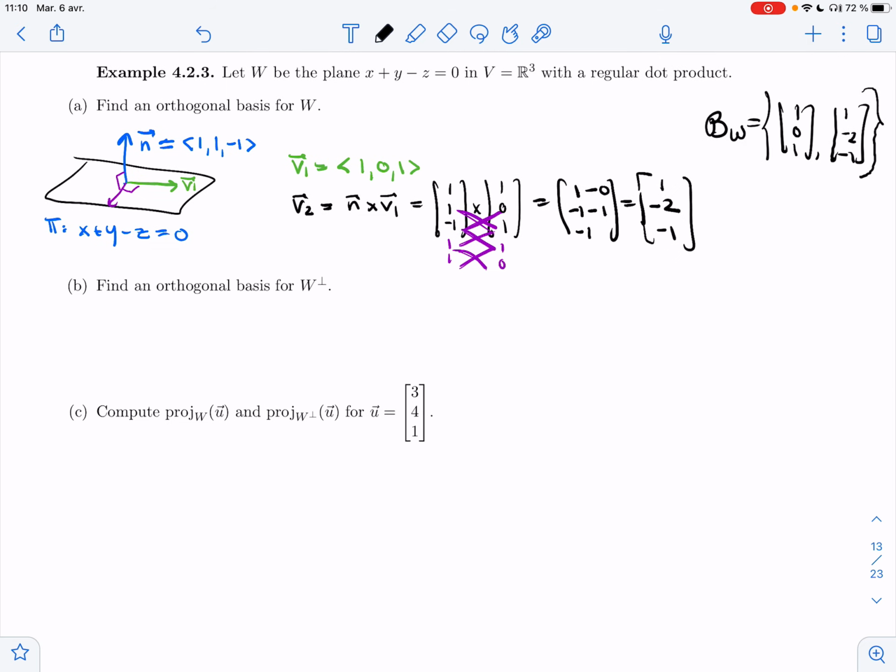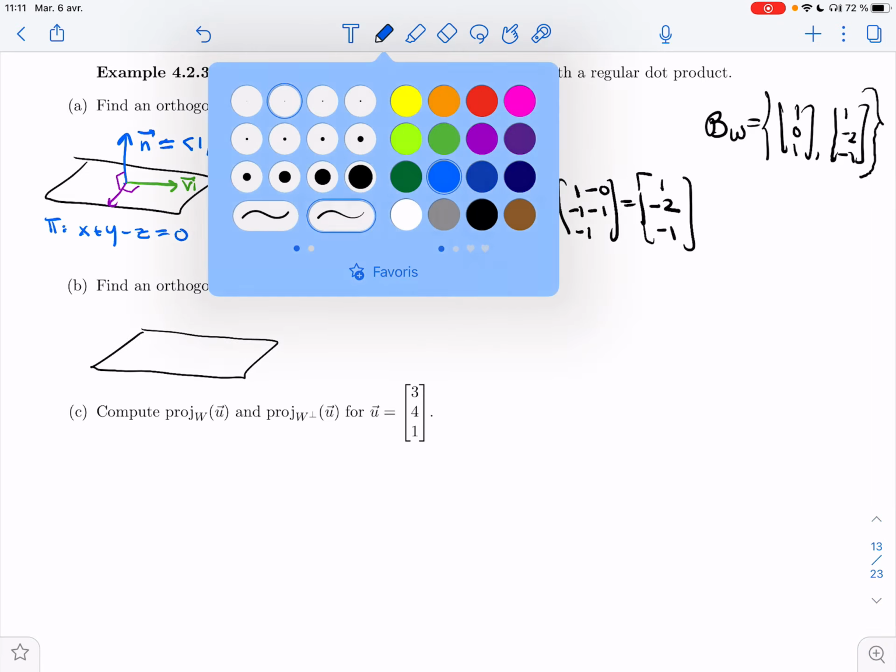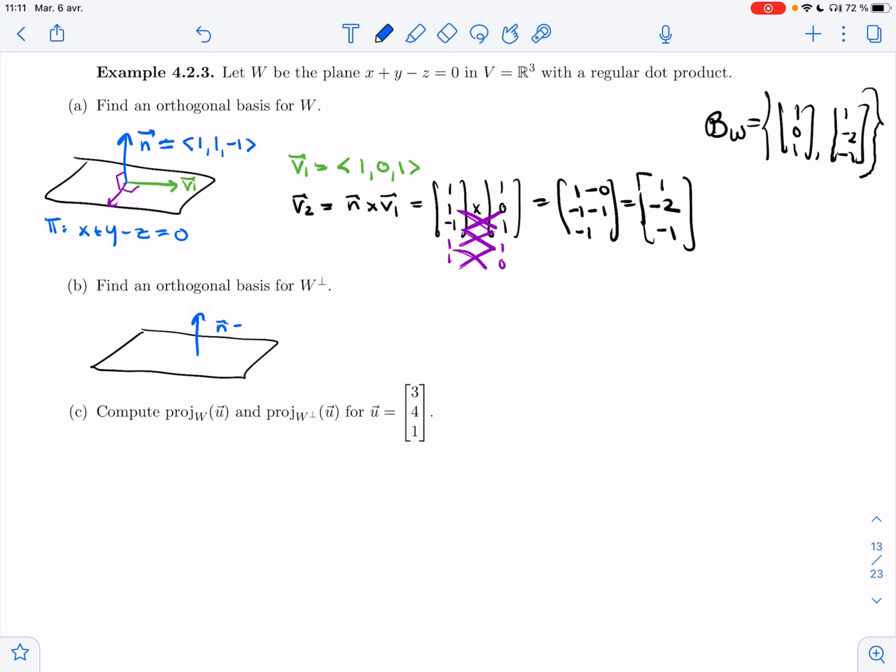I want to find an orthogonal basis for W perp. Like we said before, geometry is really helpful here. Here's W perp. I can take n.